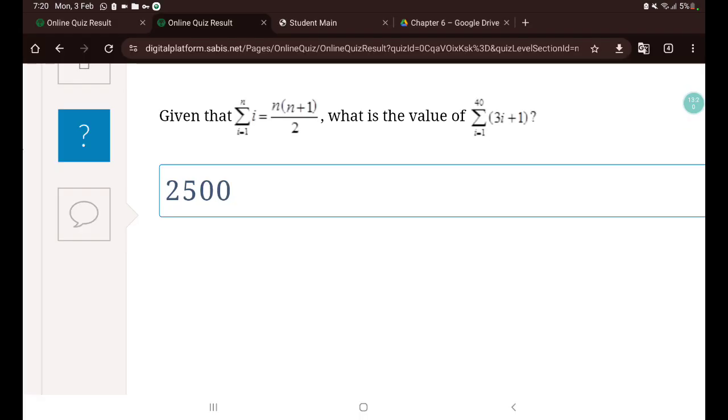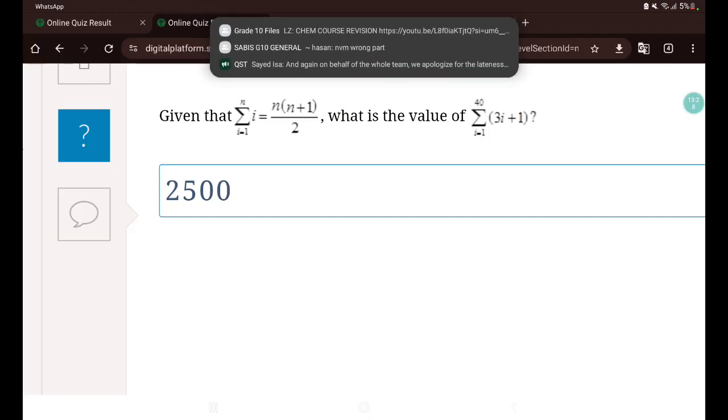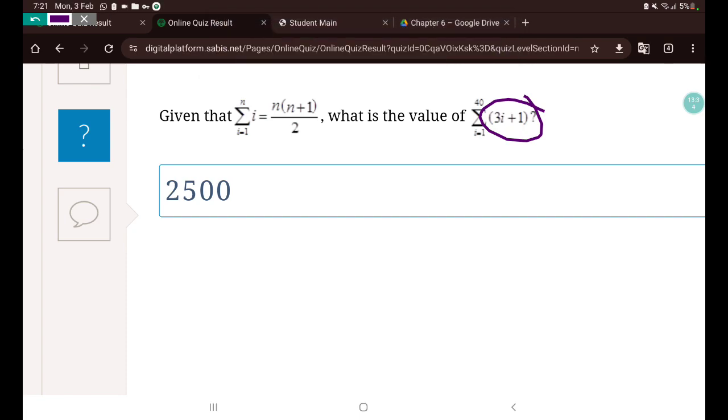This question, exactly the same thing. Just use shift log. They want here, it's 3x plus 1. 3x plus 1 over x, what they say here, equal 1. And above this you'll put 40. So basically this is what you do.